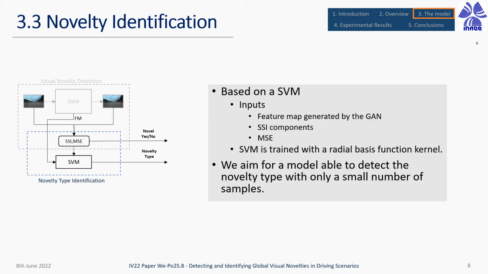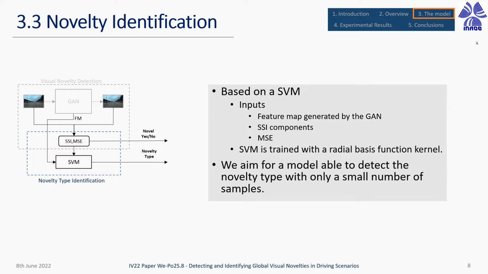Novelty identification. For novelty identification, we propose to use a support vector machine approach in which inputs like the feature map, structural similarity index components, and mean square error are used as features to train this model.